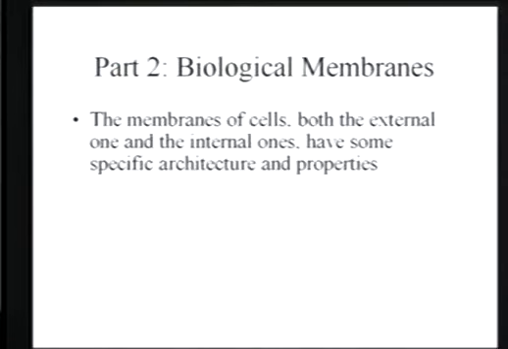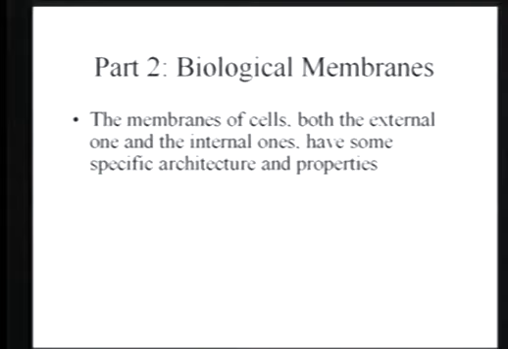So we need to take a look at the structure and function of the membranes of cells. It's an important consideration because the membrane is a barrier, right? It defines the cell's inside from whatever is outside, and it's used to maintain different conditions inside the cell than you find outside the cell.